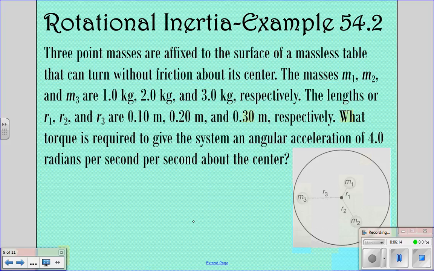On this one, the torque that's going to be required is the total of the torques required to move each of the individual masses. So you're basically going to have to use your formula 3 times.